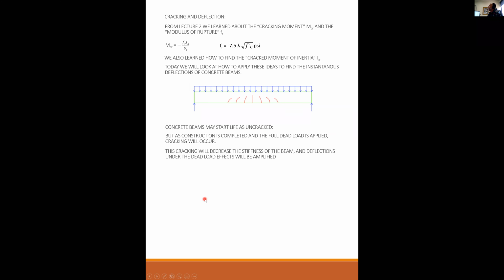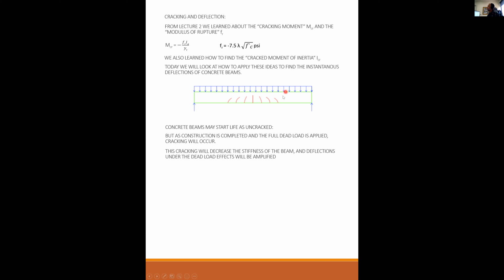Okay. Concrete beams may start life as uncracked, but as construction is completed and the full dead load is applied, cracking will occur. This cracking will decrease the stiffness of the beam and deflections under the dead load effects will be amplified.